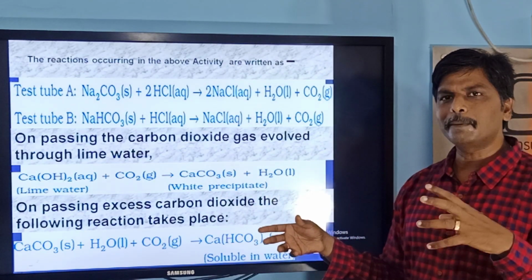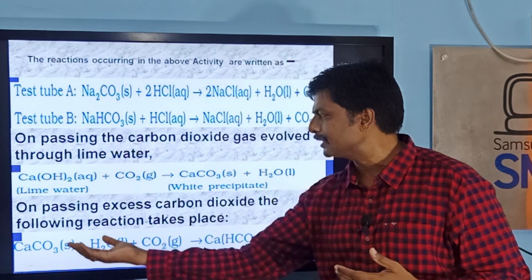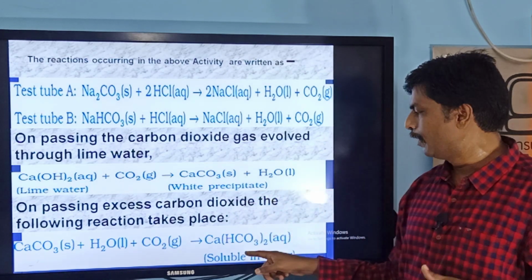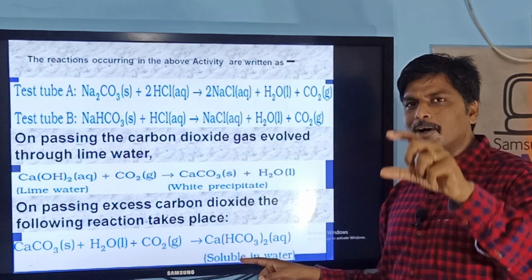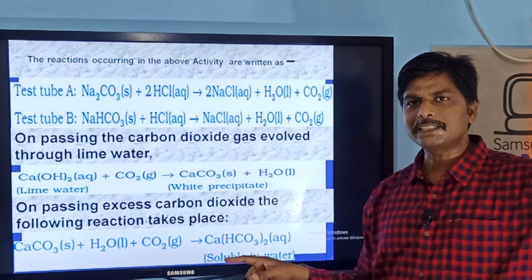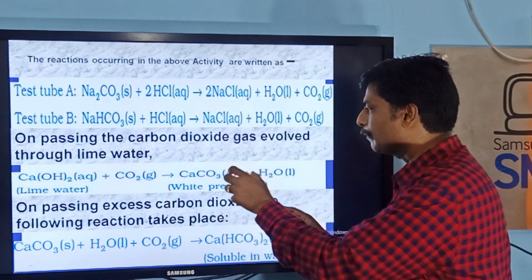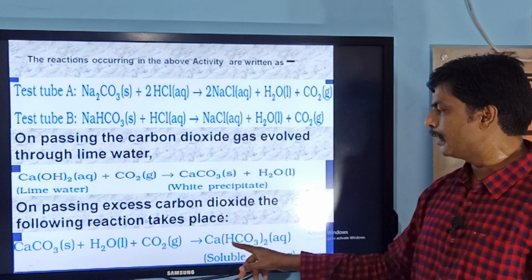After forming the white precipitate, we send excess CO2. Again you are passing excess carbon dioxide. Then that precipitate will dissolve and again become a clear solution. First lime water is a clear solution. After passing CO2 it turns milky. After passing excess CO2, that white precipitate dissolves and is finally converted into calcium bicarbonate.